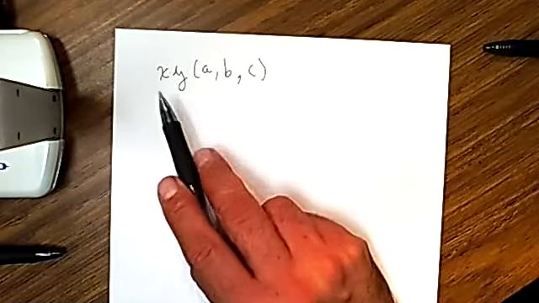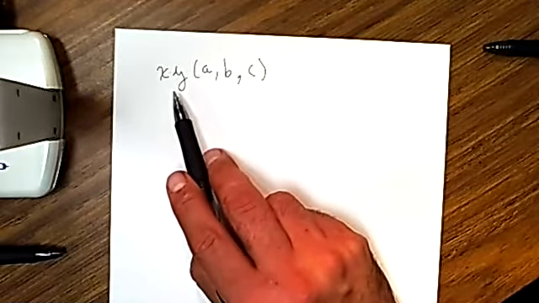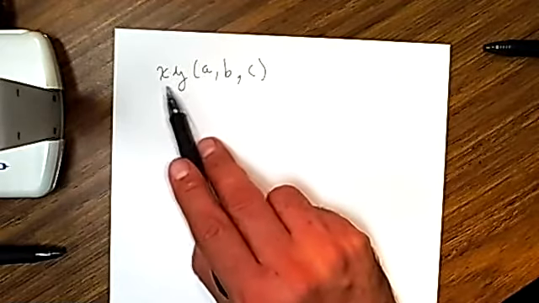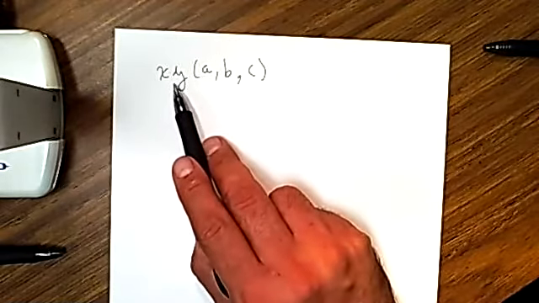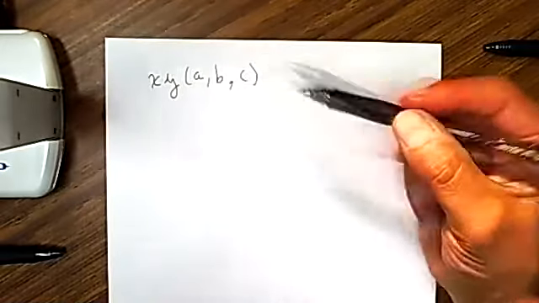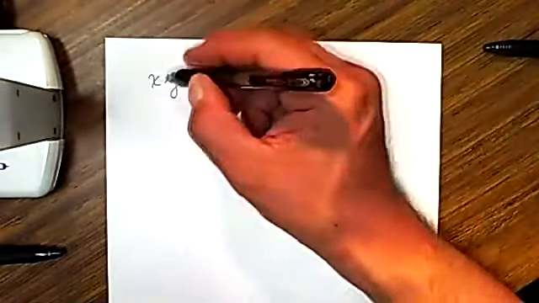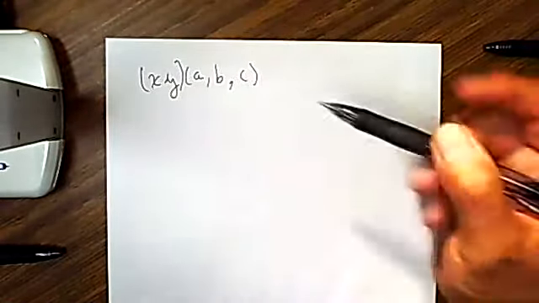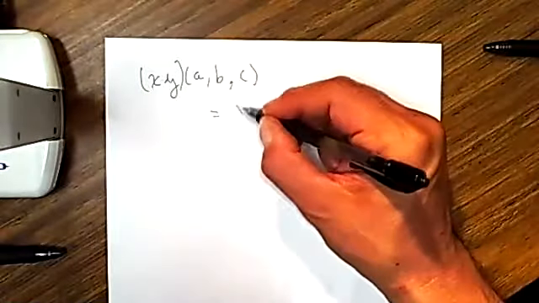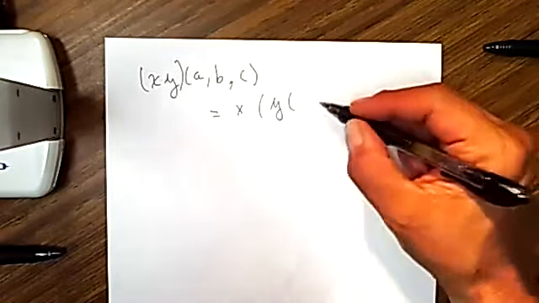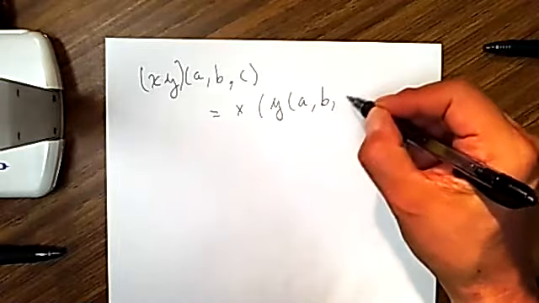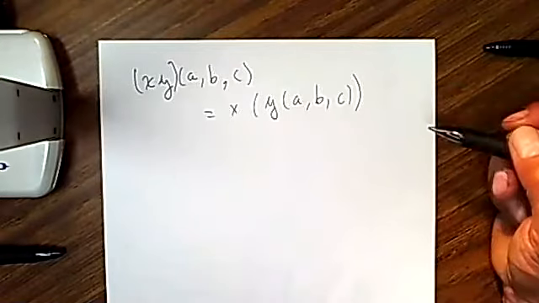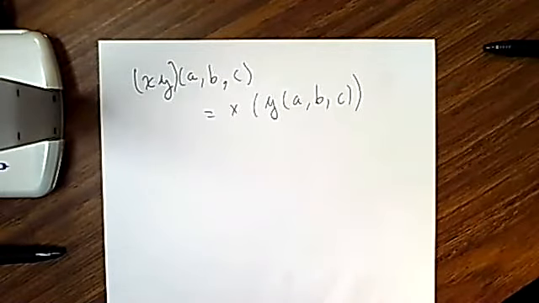And it turns out that it doesn't matter. This scalar multiplication and regular multiplication of scalars is associative in a way. So it doesn't matter, again, whether we multiply the x and the y together first, and then multiply with the vector, or multiply just the y with a, b, c, and then after multiplying that, multiply with the x. Either way, we're good.